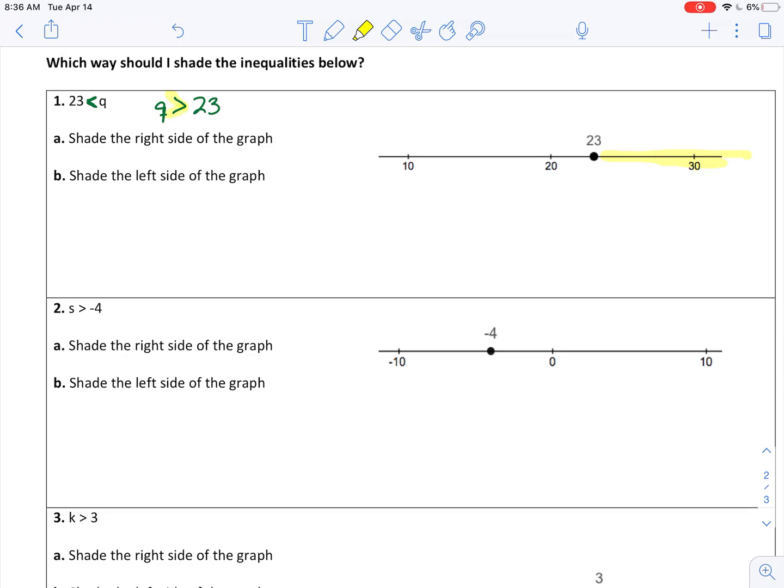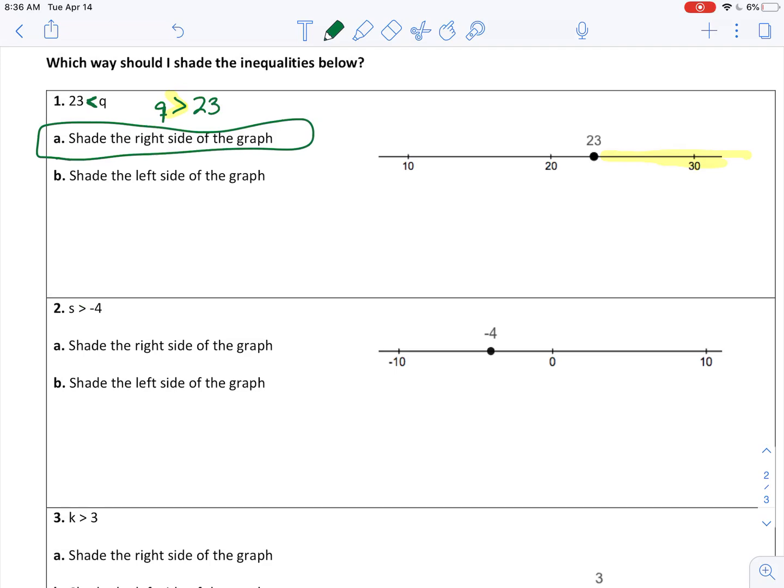I'm going to shade the numbers that are bigger than 23, which are over here. Because 30 is bigger than 23. 30 is on this side, so I'll shade on this side. And again, you can always look at this arrow as long as your variable's on the left. So I'm shading to the right side of the graph.